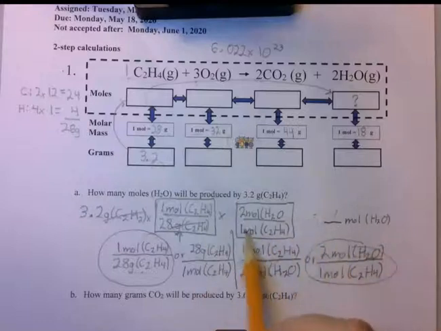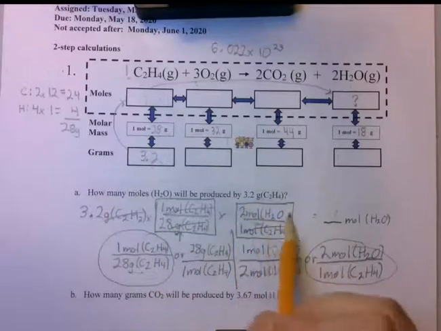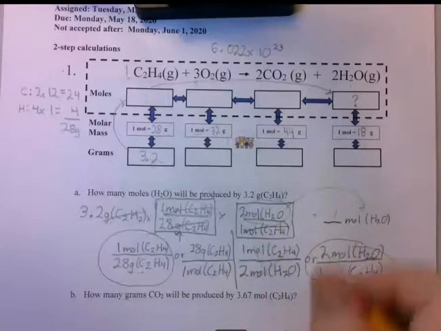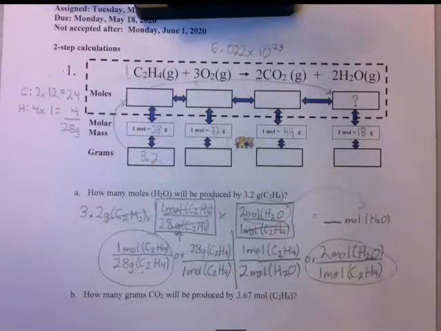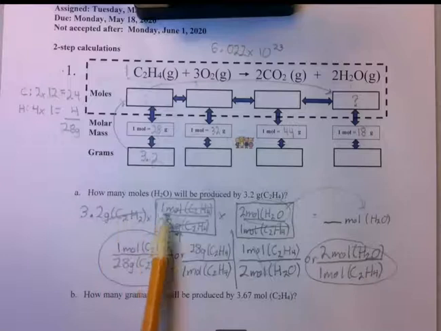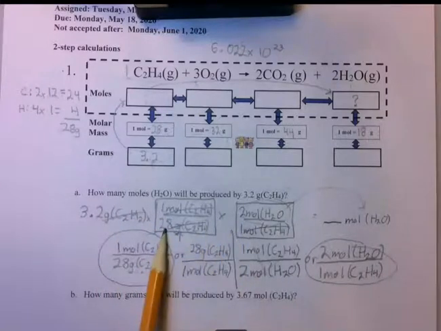So we come up here. Okay, and moles of C2H4 cancels with moles of C2H4, and moles of H2O is the last man standing, and that's what you want in your final answer. So that means you've got everything lined up properly. Now you multiply everything on the top, and then you divide by everything on the bottom. So it's 3.2 times 1 times 2 divided by 1 divided by 28.